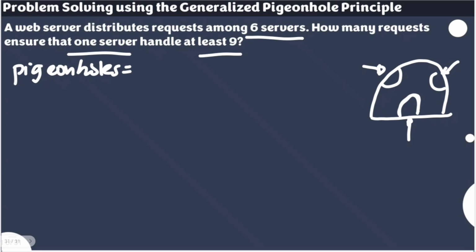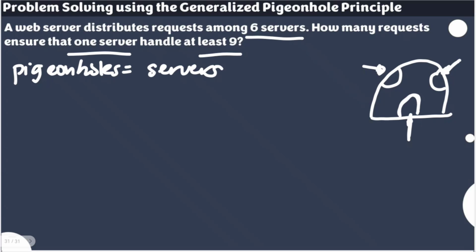The pigeonholes, as mentioned, would be the placements, the placements for something to pass through, and that's actually your number of servers, because that is the item that will receive the distributed requests by the web server.